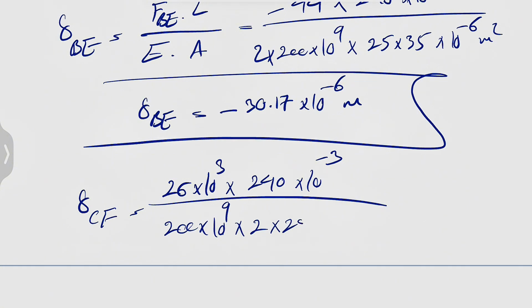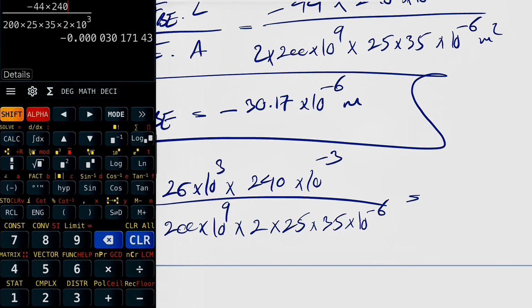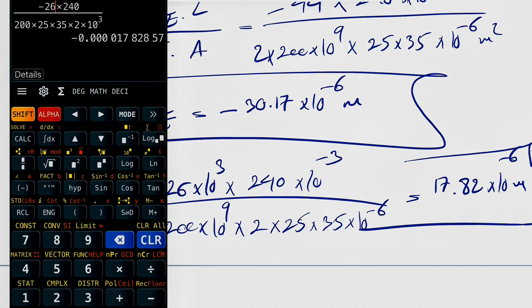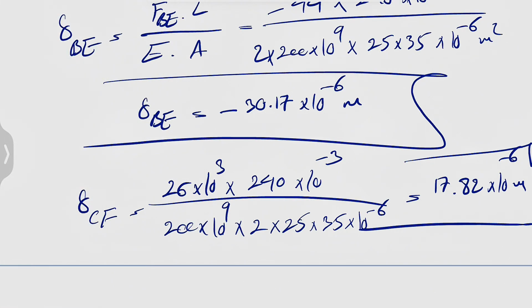We have two areas of 25 by 35 and 10 to the minus 6. Let's just calculate this. So this will be 26. The rest is actually the same. So this is going to give us 17.82 times 10 to the minus 6 meter, and this is going to be the answer for this question.